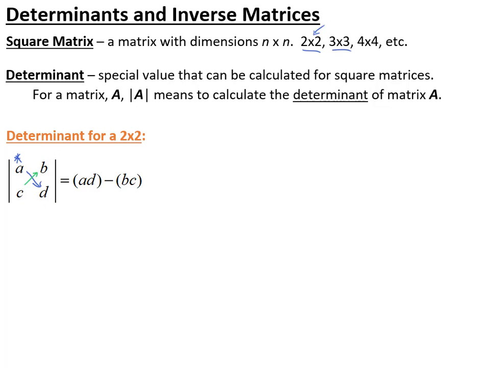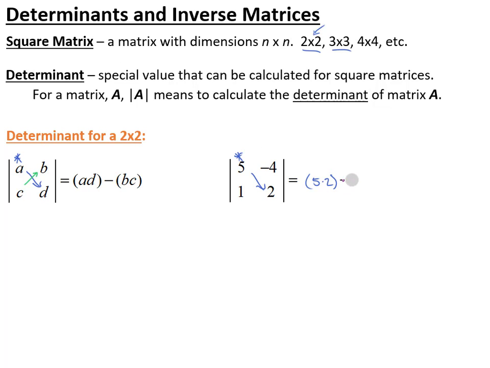Okay, so let's try an example out. Hopefully nice and easy here. So we're going to start in our main diagonal here. 5 times 2, which of course will be 10, minus, which is part of our formula here.